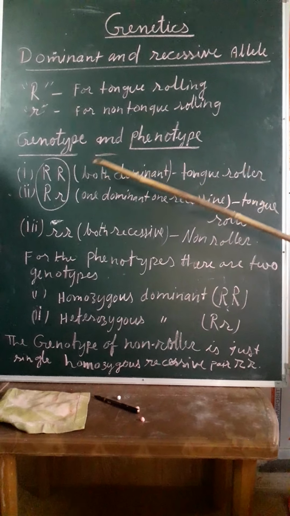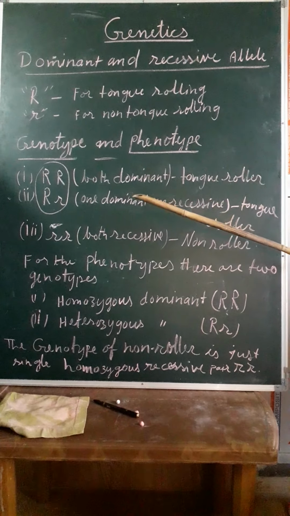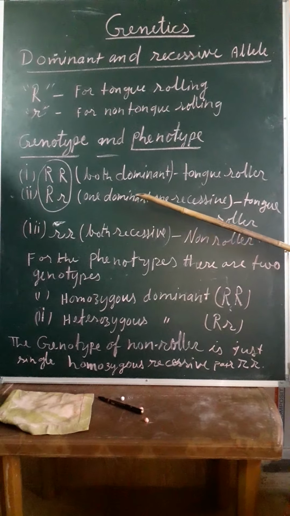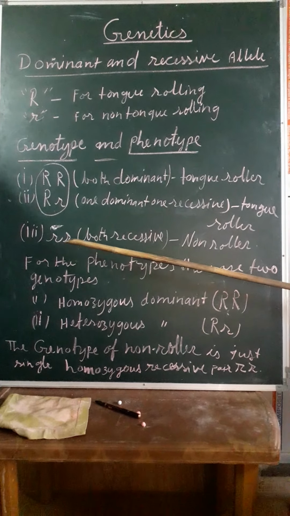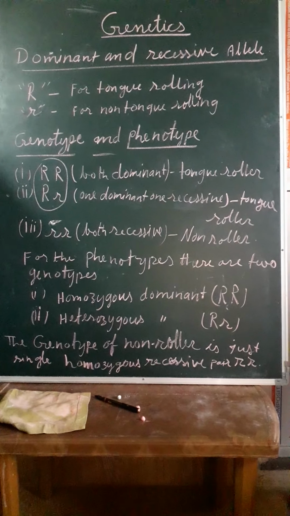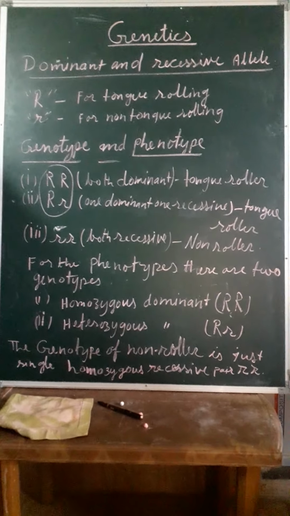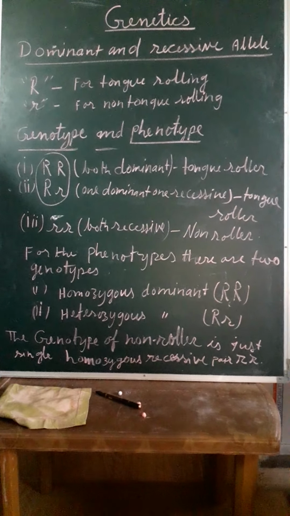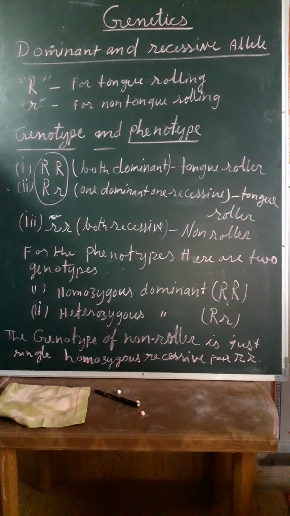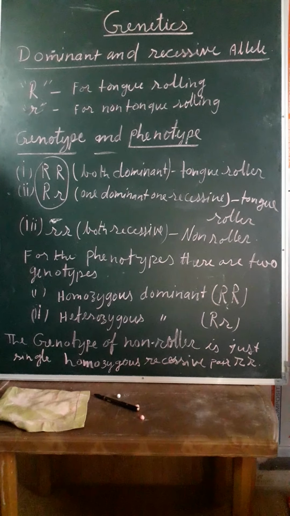So there are two types of genetic constitution for rollers, and for non-rollers there is only one type, that is small r and small r. The genetic constitutions are called genotype, and the expressed, shown character is phenotype.